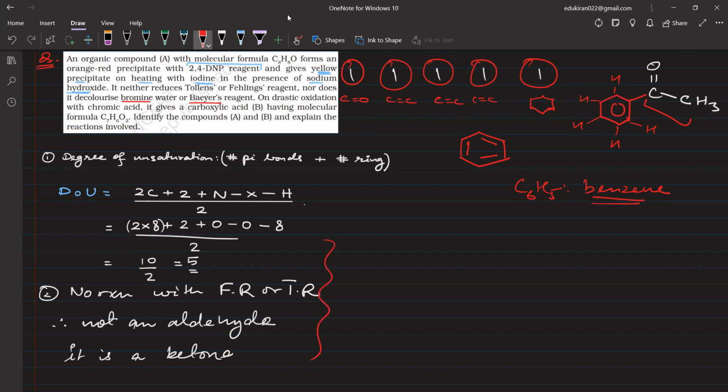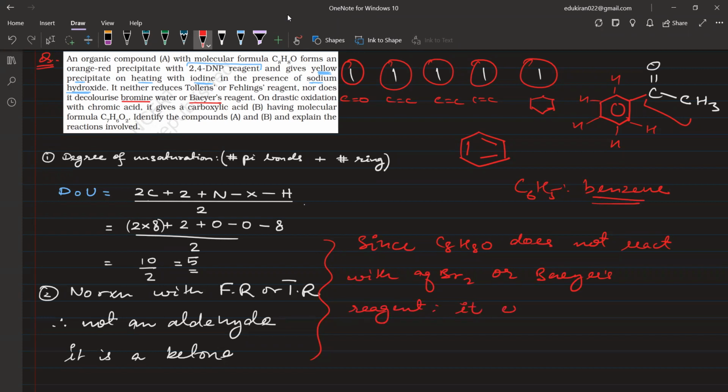Right, next. Since C8H8O does not react with aqueous Br2 or Baeyer's reagent, it cannot be an alkene.